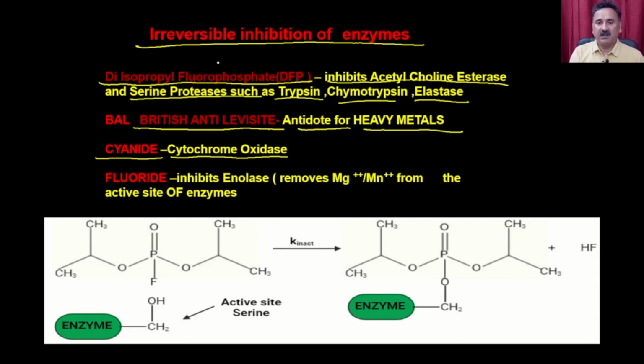And why is it a poison? Because it causes irreversible inhibition of cytochrome oxidase, a very important component of the electron transport chain.